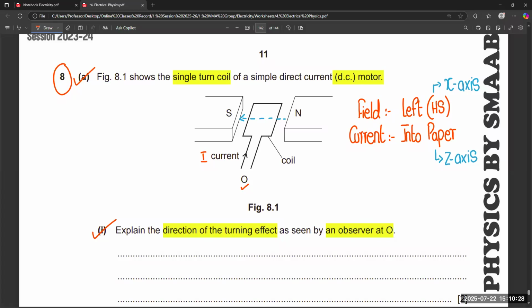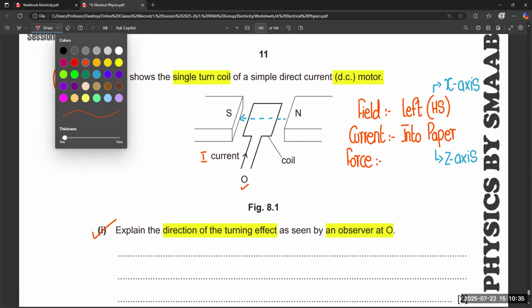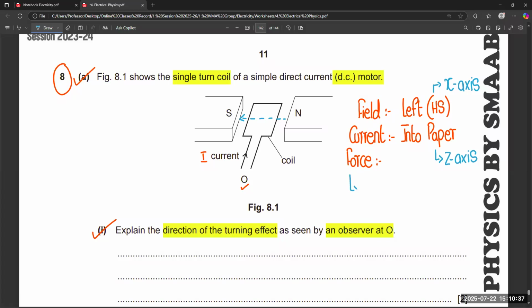Now, the direction of force is unknown. So it is confirmed that the force must be on the y-axis, because no other quantity from the left hand rule is on the y-axis. So definitely this force will be on the y-axis, right?